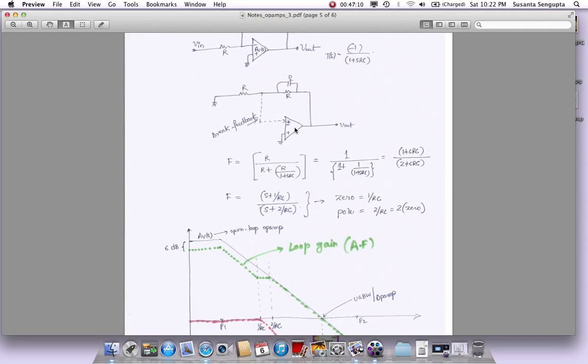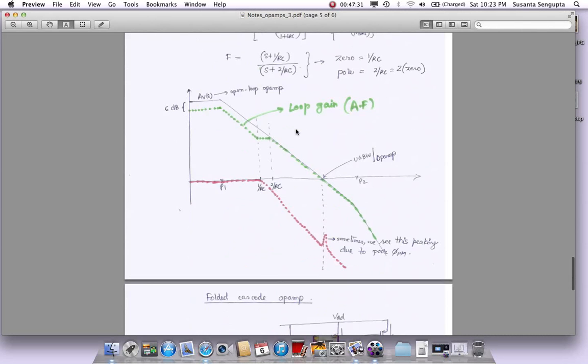Maybe 5 times is good enough. But when this ratio is 10 times or higher, then you don't get the non-idealities from this op-amp on this pole. If this ratio is lower, then the op-amp's speed itself will start affecting the location of this pole, and you will not get the pole exactly at the RC location, but a little bit around here and there because of the effect from this op-amp.